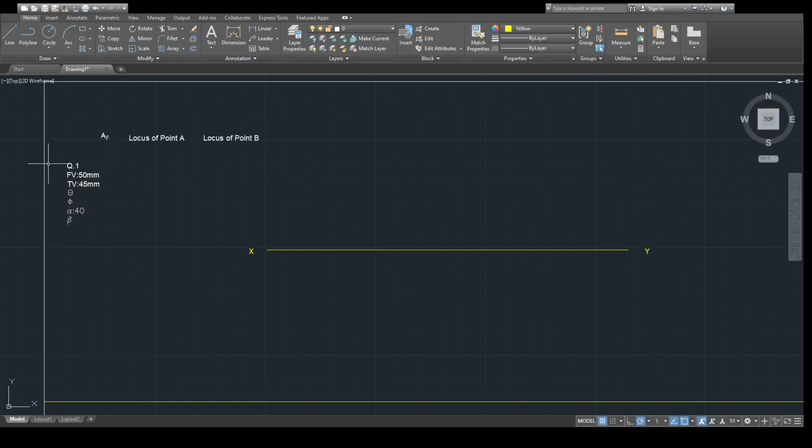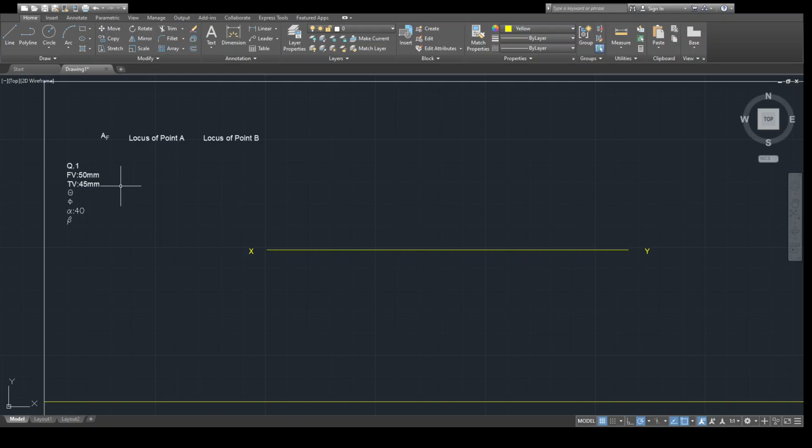So question 1: the front view length is given to you, that is 50 mm, top view length 45 mm, and alpha, that is the front view angle with respect to HP, or the angle made by the line in case of front view, that is 40 degrees.